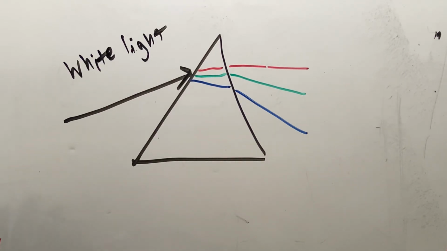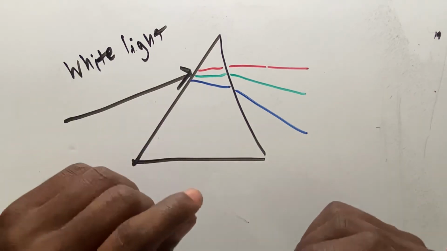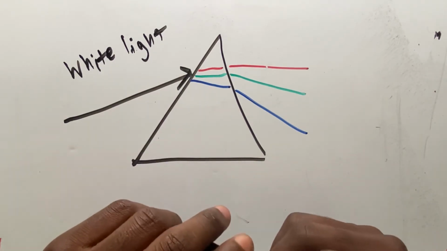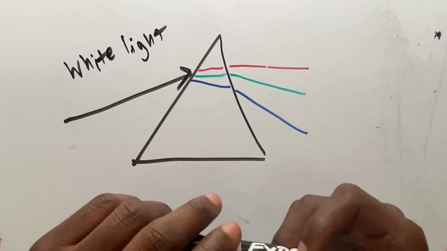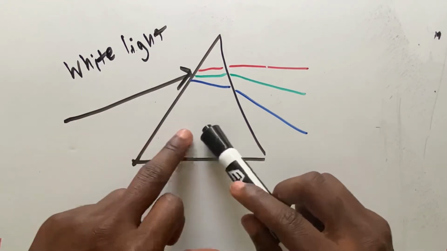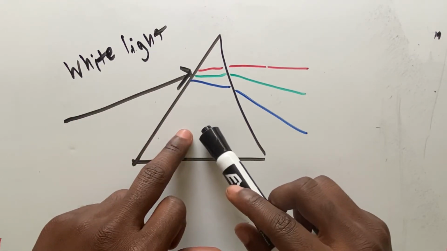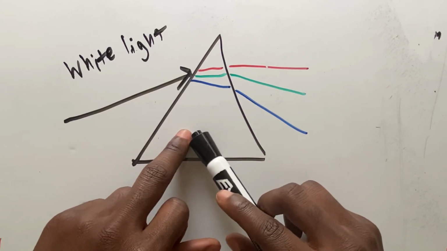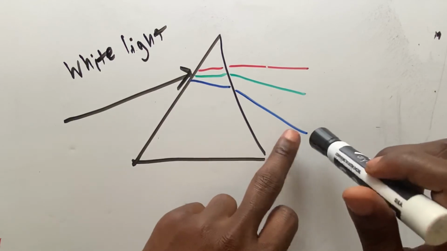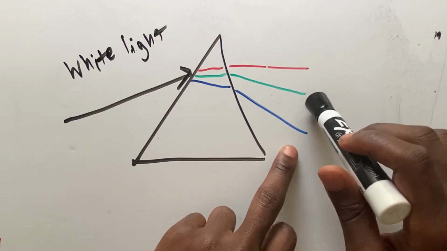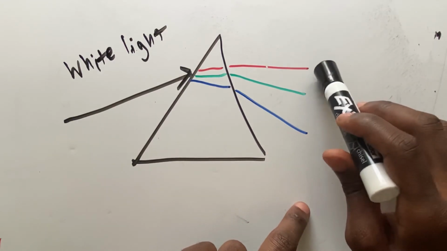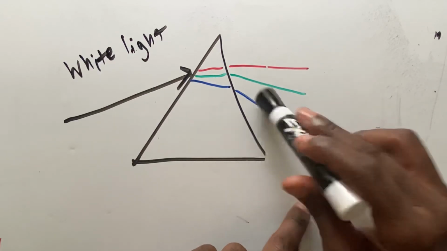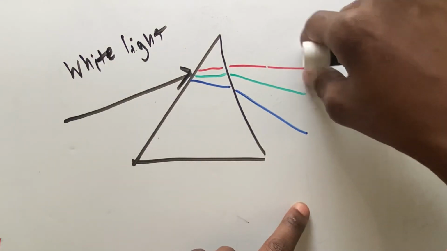So if you look at slide 45, the question says, when white light passes through a prism, green light is bent more than what? Well, green light is not bent more than blue, but green light is bent more than red. So blue and purple are going to be down here, then red and yellow up here.